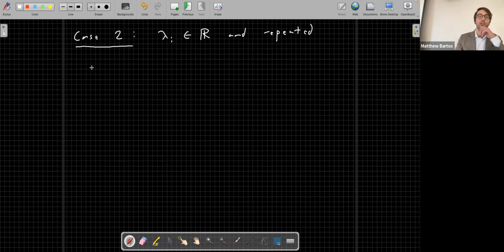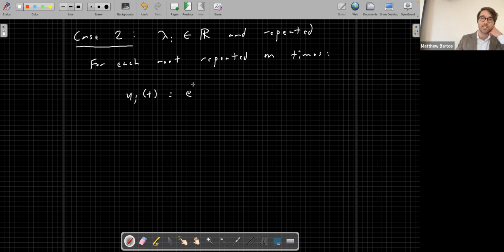Okay, so in this case, for each root repeated m as in Mike times, you will get a response of the form y_i of t is equal to e to the lambda_i t plus t e to the lambda_i t plus, and so on, all the way to t to the m minus 1 e to the lambda_i t.